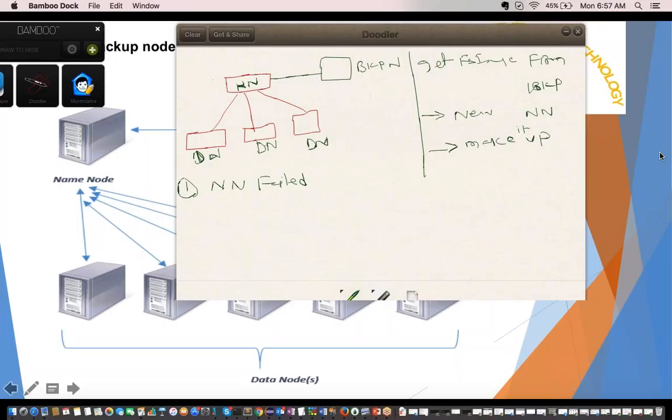So in the cluster we have one backup node and one secondary name node also, right? No, your point is, the name node has failed, and you said it takes about 20 minutes to bring the name node back. You copy the FS image from the backup node and place it into a new name node, correct?